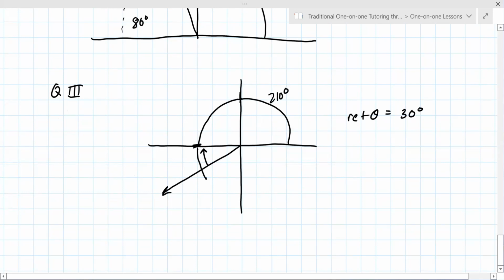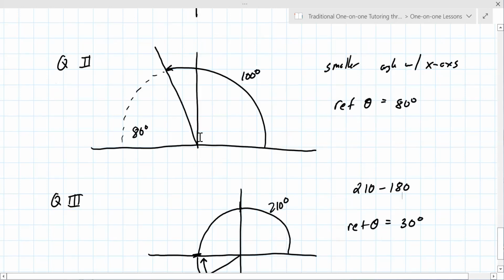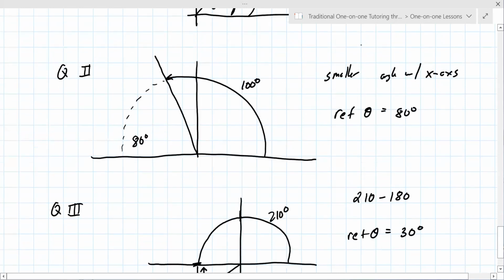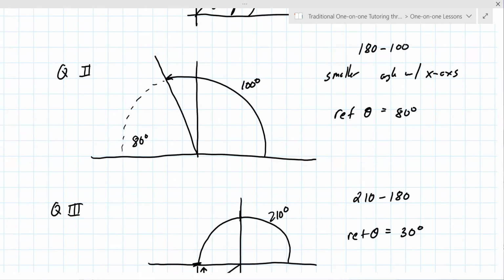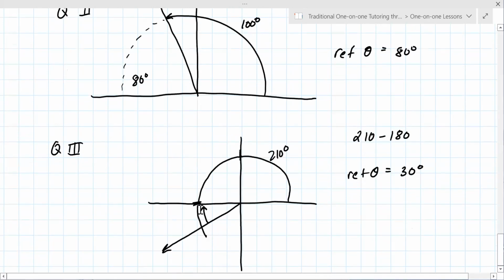How did I calculate that? In this case, I did 210 minus 180. But that doesn't always work. In the previous problem, we did 180 minus 100. There are formulas for every quadrant, but I don't think they're worth learning unless you've got a really strong memory. What I prefer to learn is what's happening here? I need to go back to that angle.